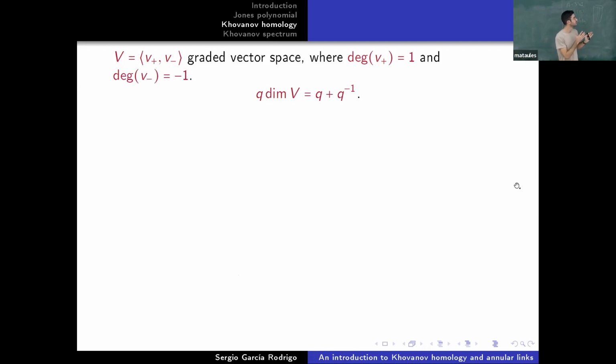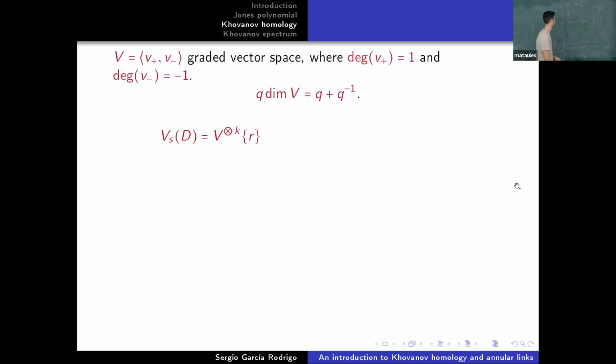Maybe this doesn't tell us anything right now, but we can take the tensor product of k copies of V, and then we do a shifting of the degree. This is just notation, which basically means that you take every generator which has some degree, and you change that degree by adding r.